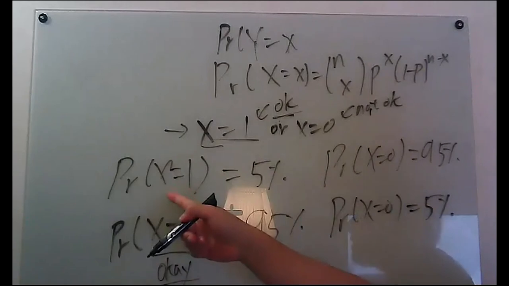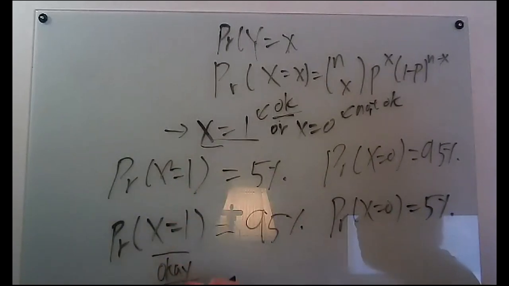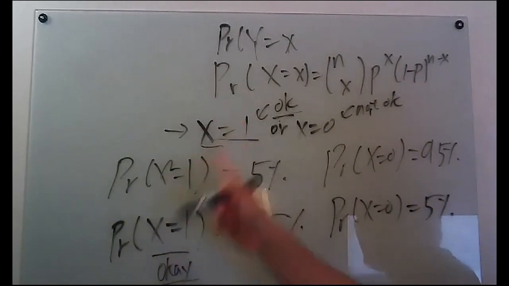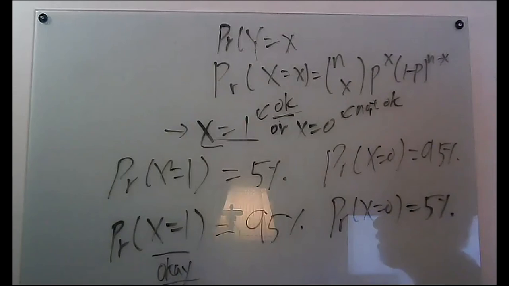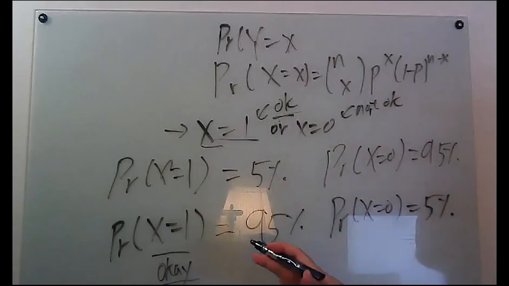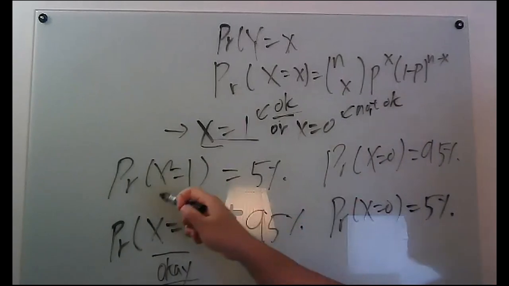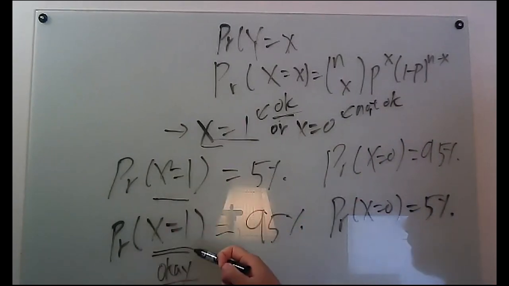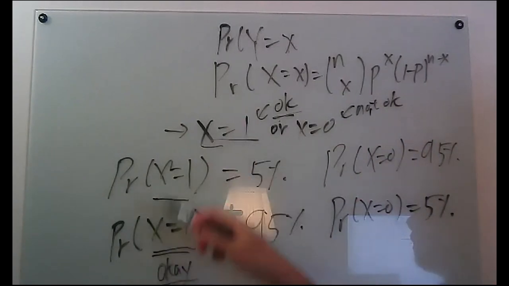But this X equals 1 is the probability that the headset is not working okay. So you've got to set your definition. Either way you'd get exactly the same answer, but the X equals 1 here is not equal to the X equals 1 there. Those are totally different.